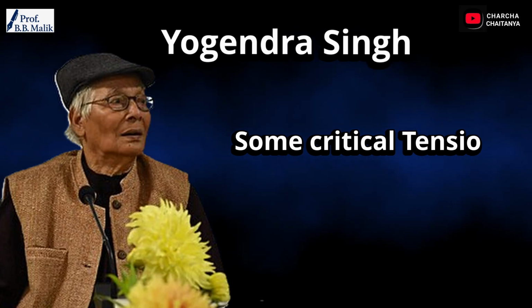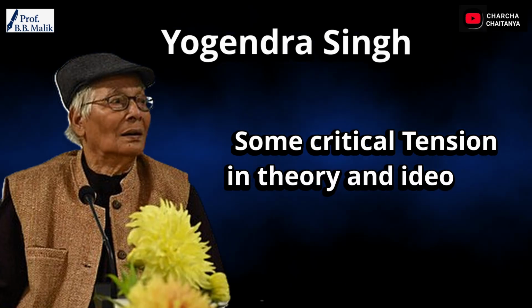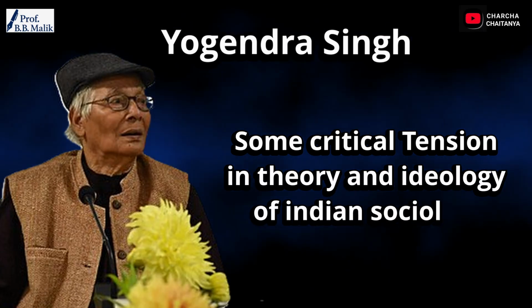I think all these issues were there predominantly during 1960 to 65. So therefore, Yogendra Singh writes about critical tensions in the theory and ideology of Indian sociology: what kind of theory, what kind of ideological practices we should follow. This is the period from 1960 to 65.